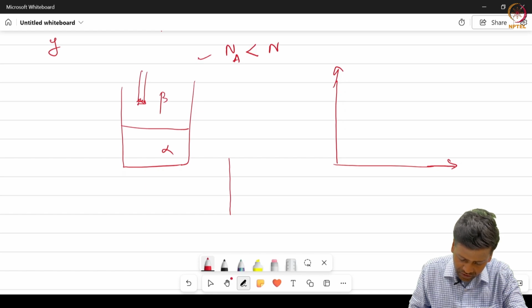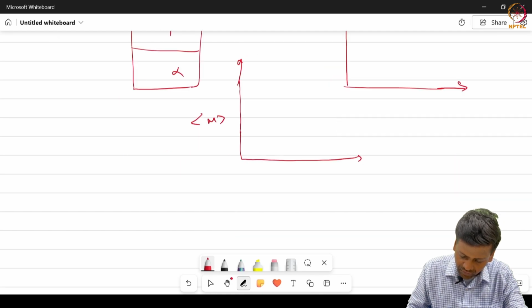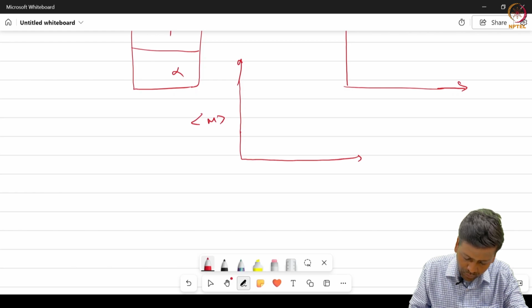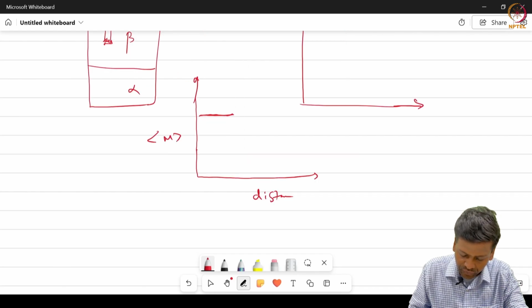So let's say I measure some average property as a function of distance across the interface. So you expect that the property in the bulk, because let's say we are measuring surface tension in the bulk, will have some constant value. In the similar way, this is alpha phase.